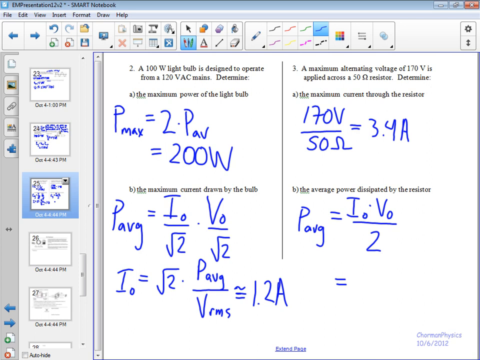So P average is maximum power divided by 2, or in this case, I naught times V naught over 2. That's 289 watts. Yes, with rounding we really need to use sig figs, so 300 watts.